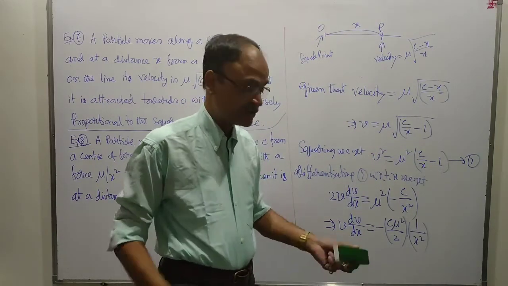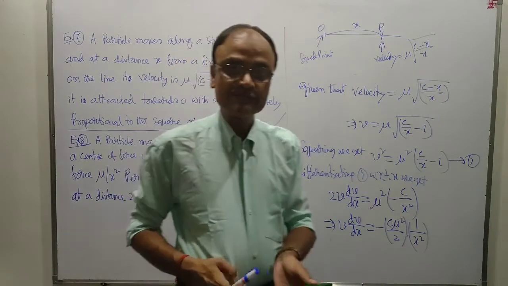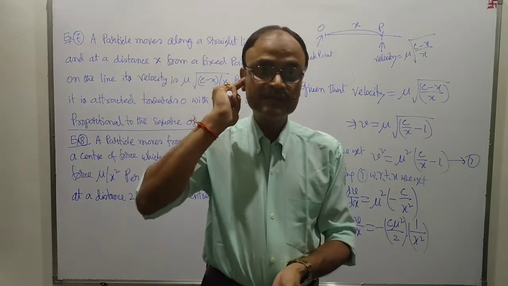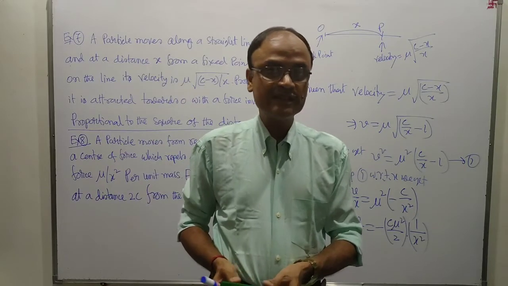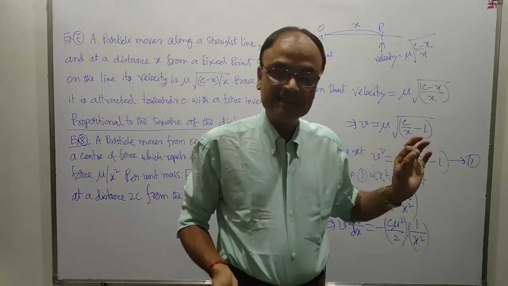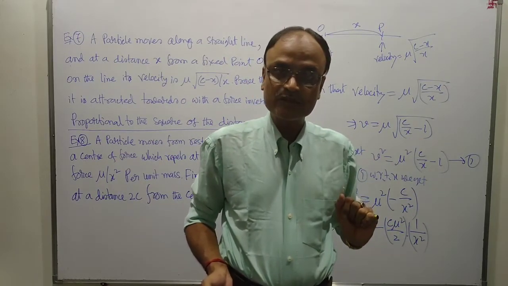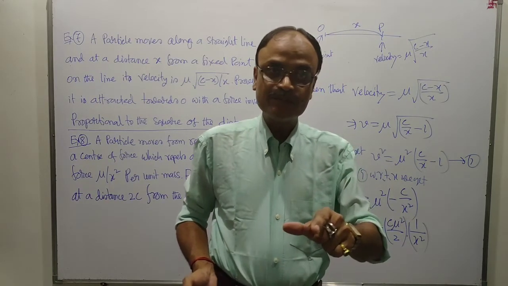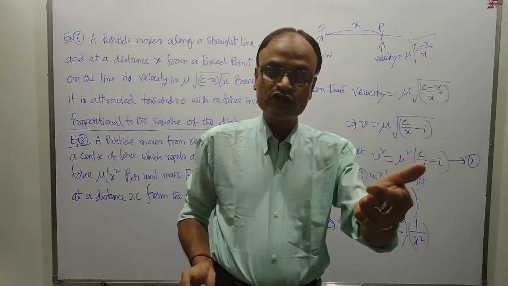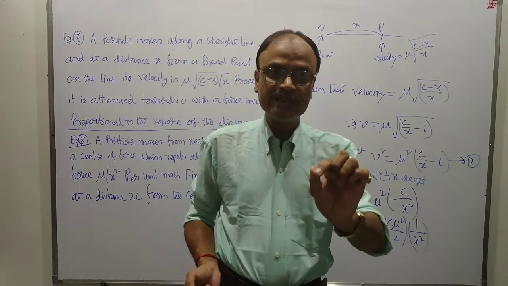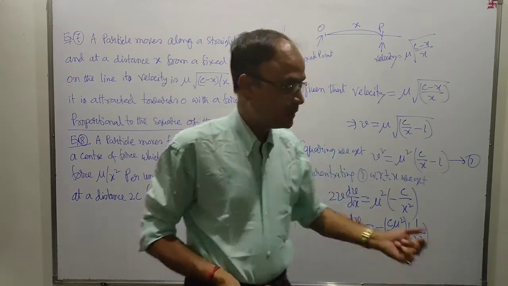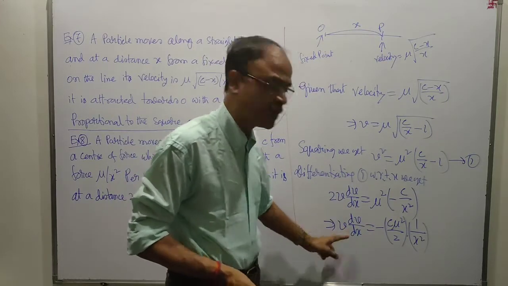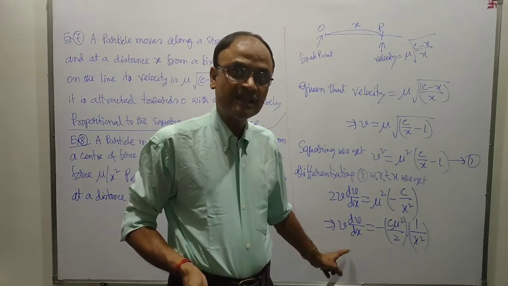Now I told you that the different expressions for acceleration are d2x by dt square, and dv by dt, the differentiation of velocity with respect to t, is also an expression for the acceleration. Also v dv by dx is an expression for the acceleration.